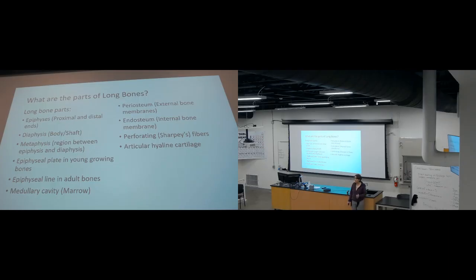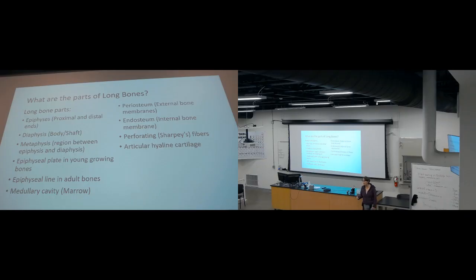Now, long bones have parts. So let's look at the parts of the long bone. The middle part of the long bone is called a shaft. And then the long bone has endings on the sides of the shaft. These endings are called epiphyses.